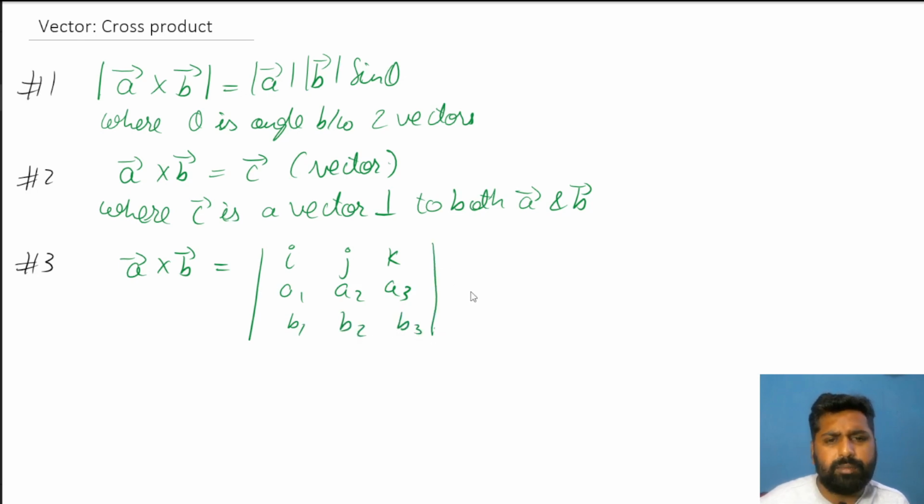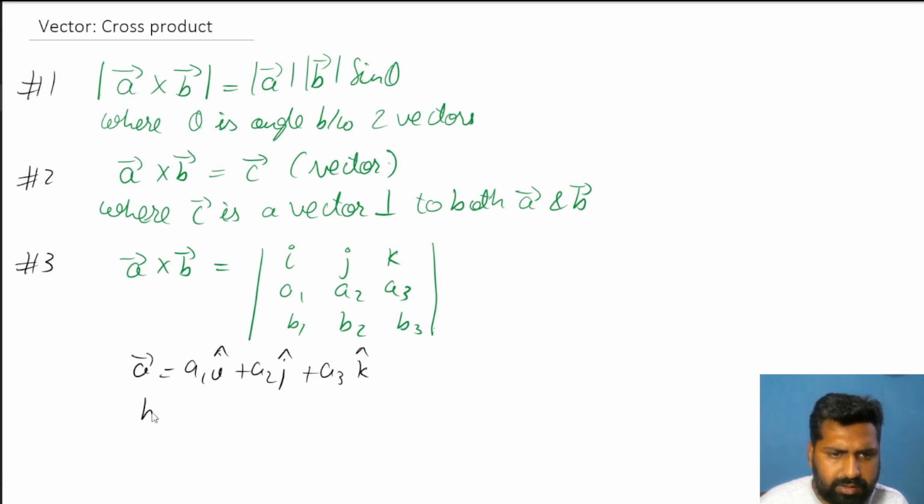What are A1, A2, A3, B1, B2, B3? They are components of A vector and B vector. I'll put it here. A vector is A1i, A2j, A3k, and B vector is B1i, B2j, B3k.